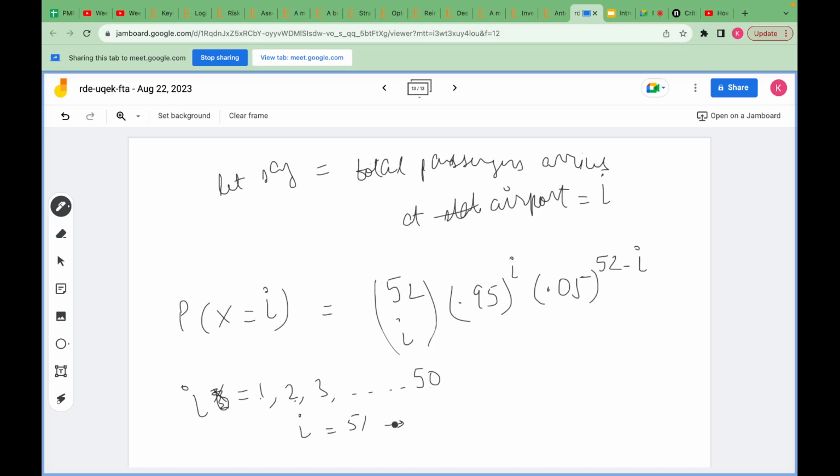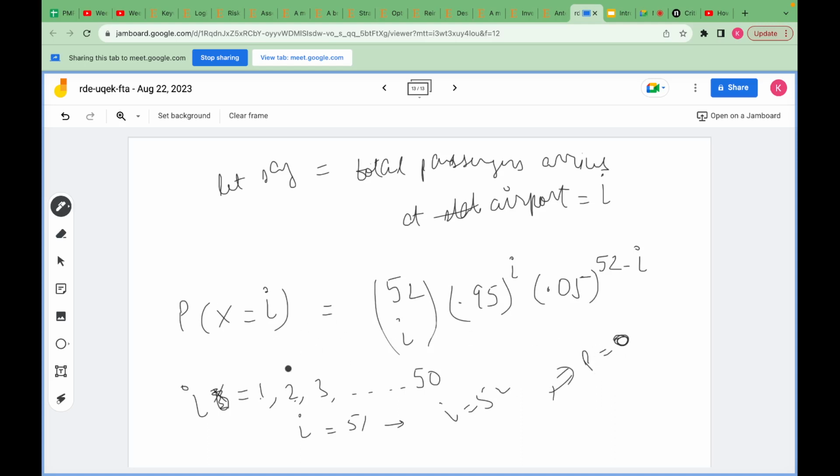If I is 51 and if I is 52, then it is not possible that all the passengers arriving at the station will be assigned a seat. Then the probability for I equals 51 and I equals 52 will be 0.